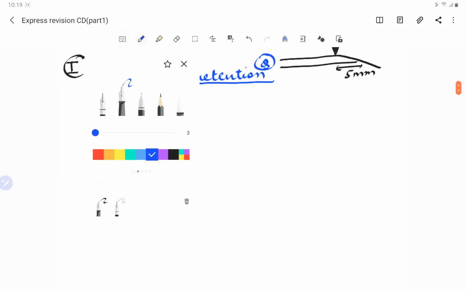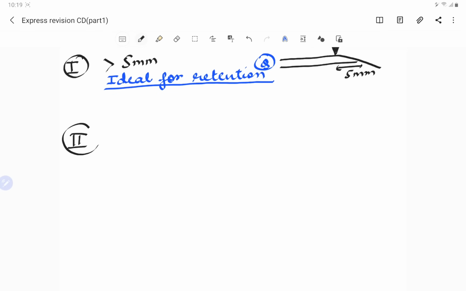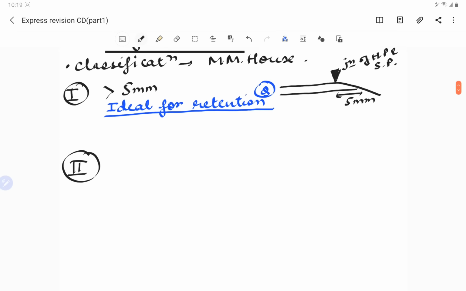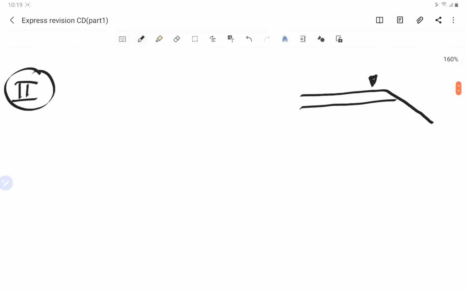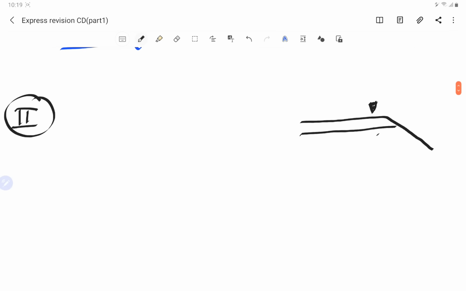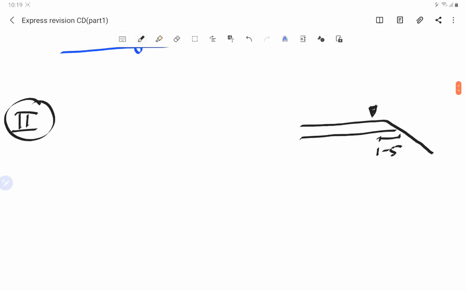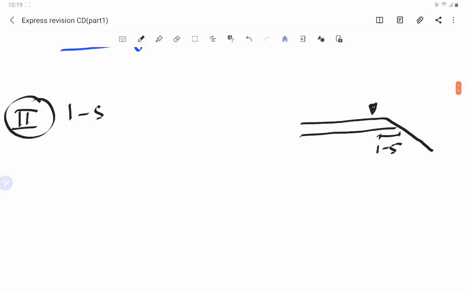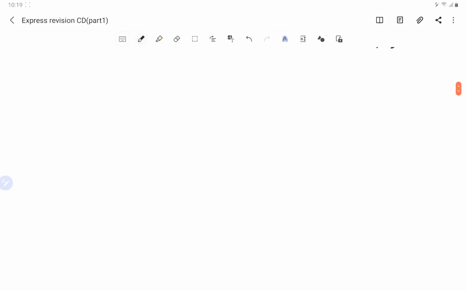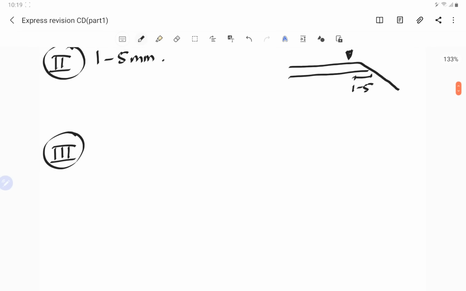Then the second one we have is when the soft palate is going like this, and the tissue available for PPS or post damming is between 1 to 5 millimeter. And the type 3 we have is when the palate is like this, and the tissue availability is very less.